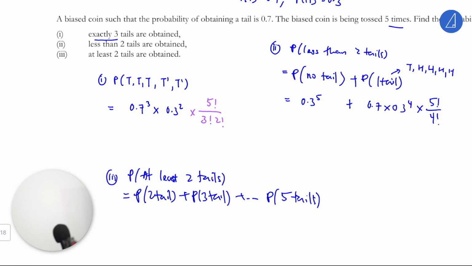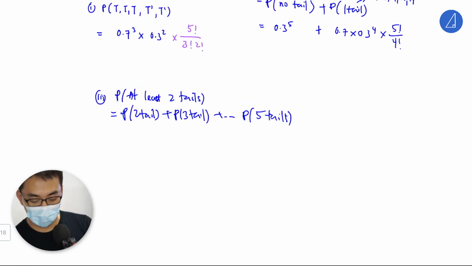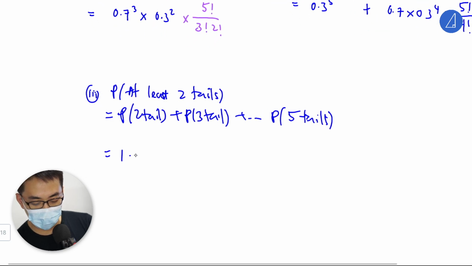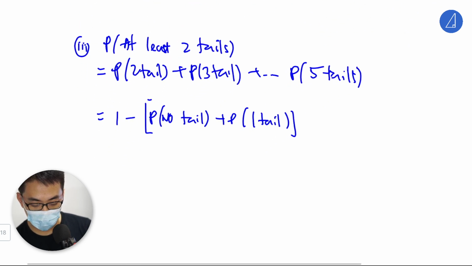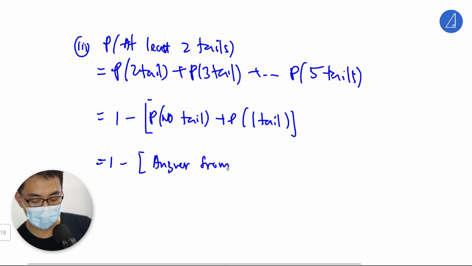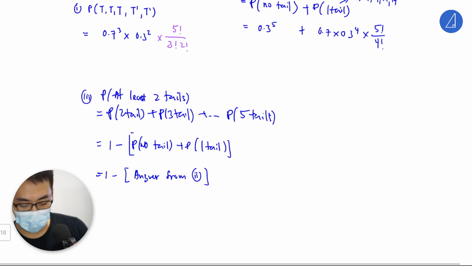What is easier, also learned in probability, is 1 minus the no tail plus 1 tail, which is the answer from the previous part. Okay, is that okay?